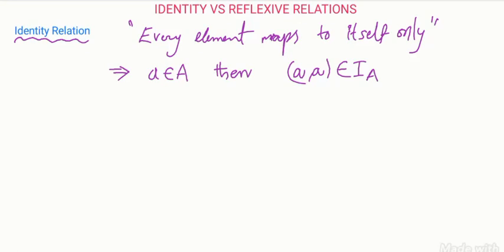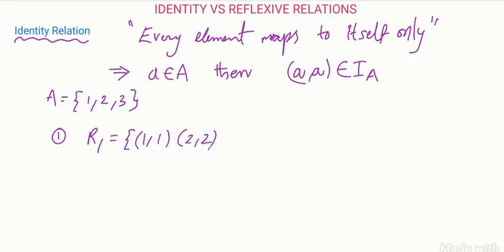Let us take an example to understand it in a better way. A contains 1, 2, 3, so it contains 3 elements. Take some relations. First relation R1 is equal to {(1,1), (2,2), (3,3)}.